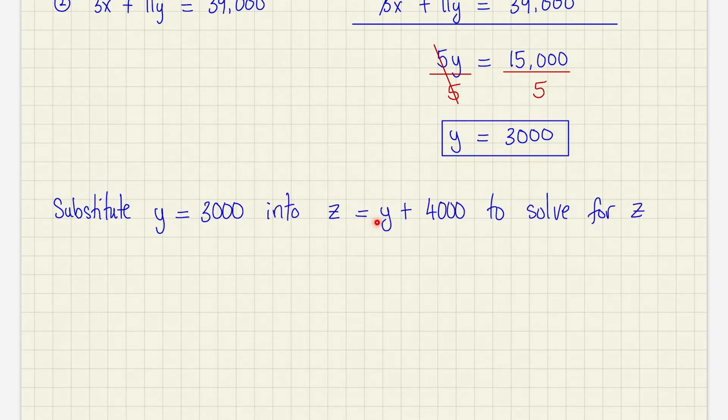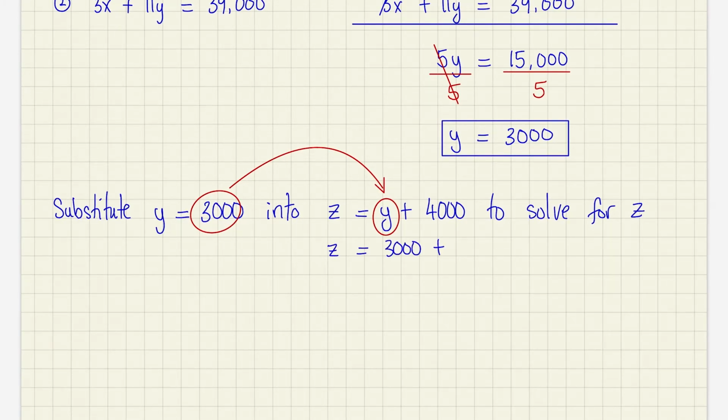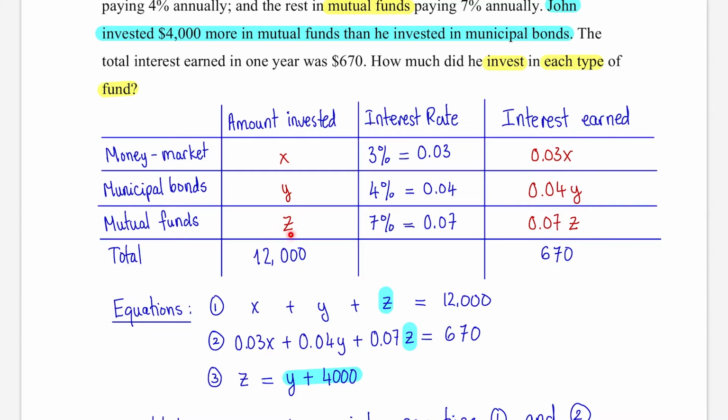I know that y is equal to 3,000, so I will substitute 3,000 in for y. z is 3,000 plus 4,000, which is 7,000. z is the amount of money that John invested in the mutual funds. So he invested $7,000 in mutual funds, $3,000 in bonds.